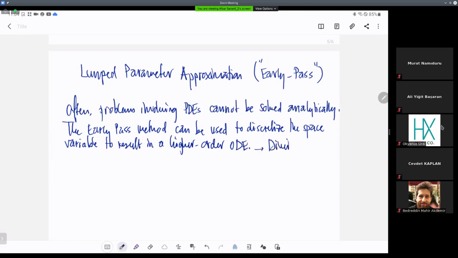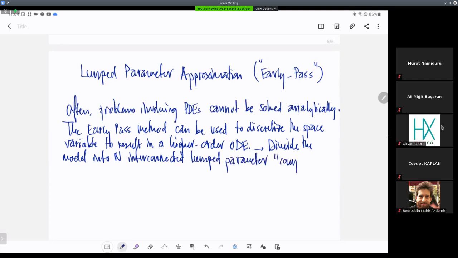So we will divide the model into n interconnected lumped parameter components.